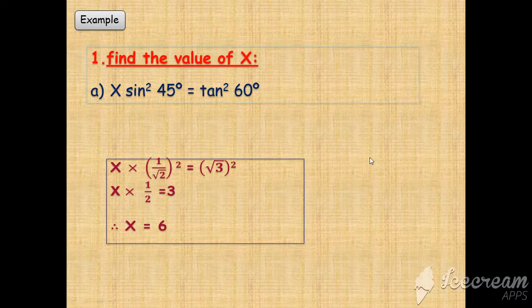The value of 1 over root 2 power 2 will be 1 over 2. The value of root 3 power 2 will be 3. Then it will be x times 1 over 2 equals 3. Remove 1 over 2 by dividing both sides by 1 over 2, x will be 6.